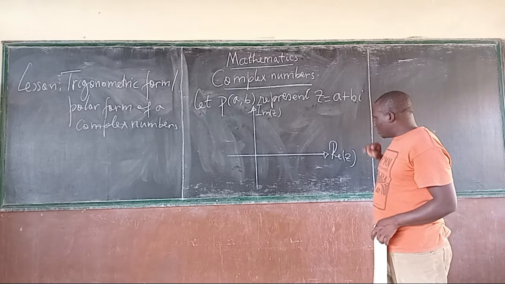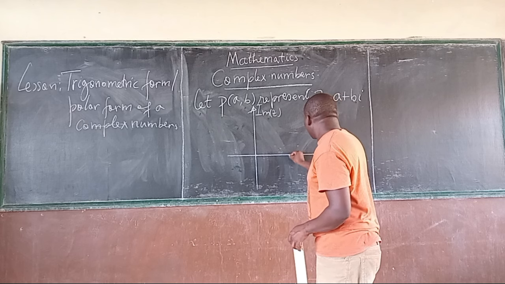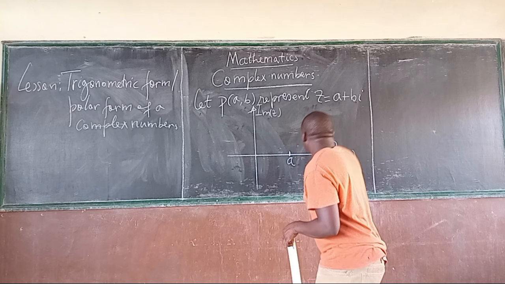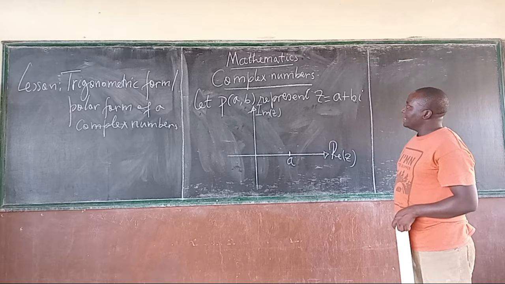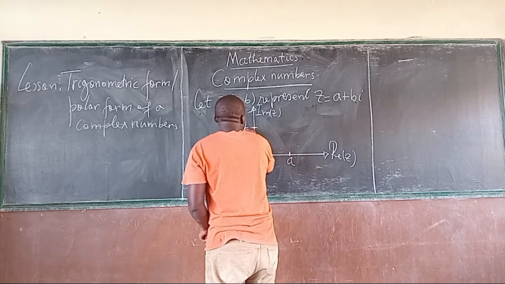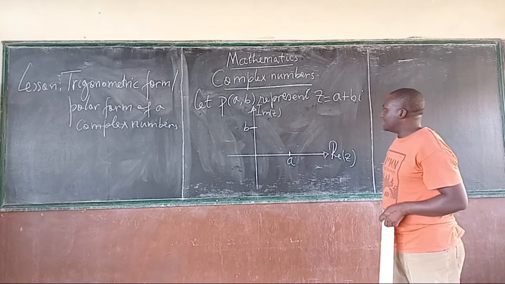And on the y-axis I put the imaginary part of my given complex number z, it is like b. Let's suppose at this point is where we can locate our real part a. Imaginary part here, like b. You put the imaginary part on the y-axis.